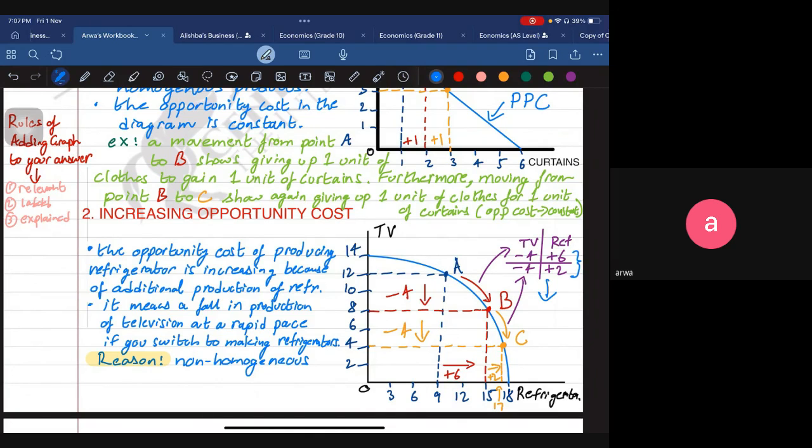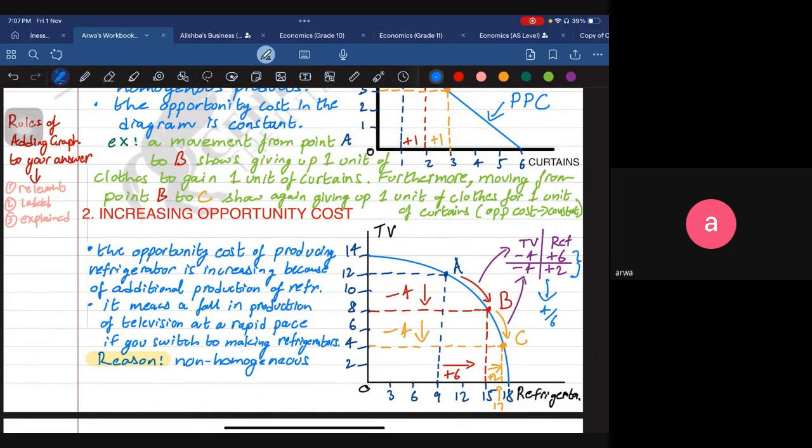If we lose 4, we gain 6 of the refrigerators.